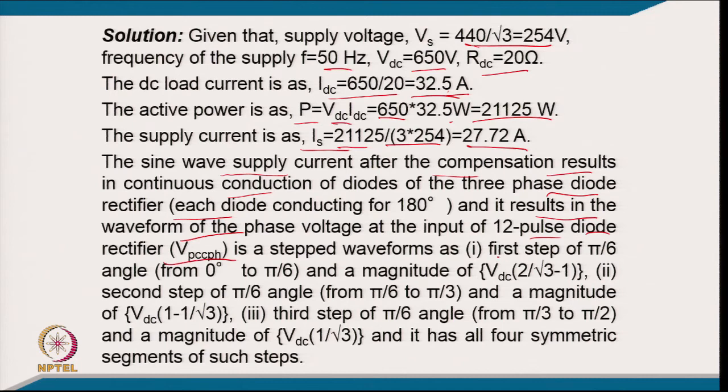EPCC is a step waveform: a first step of pi by 6 angle, 0 to pi by 6, and magnitude of VDC in bracket 2 by root 3 minus 1; a second step of pi by 6 angle from pi by 6 to pi by 3, and a magnitude of VDC 1 minus 1 by root 3; and the third step of pi by 6 angle from pi by 3 to pi by 2, and a magnitude of VDC by root 3. It has all 4 symmetrical segments of such nature because it is only for 90 degree.